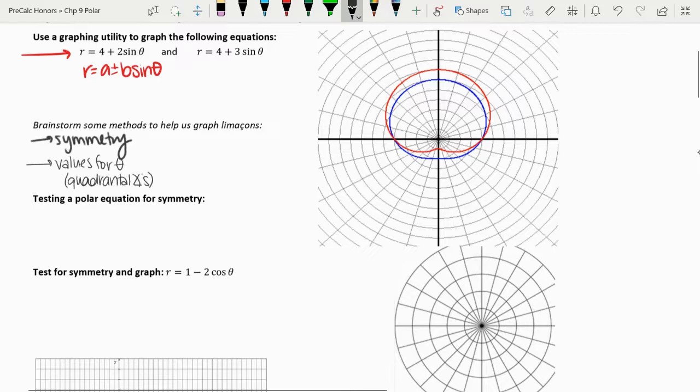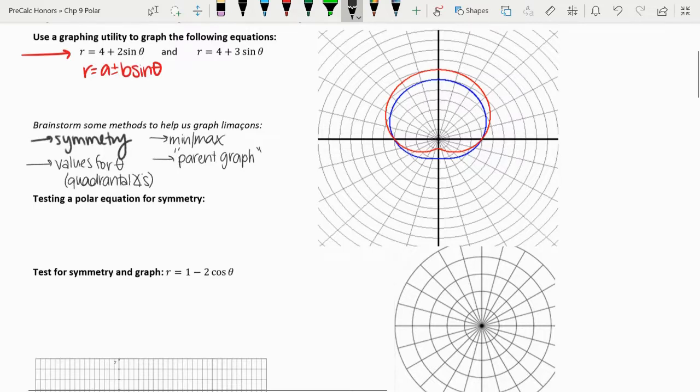And this will come right into play with maybe min and max values, since most sine and cosine graphs occur at those quadrantal angles unless, right, the period changes, which we might see. Definitely knowing just what the parent graph is, if it's a limacon, a rose, a circle, all these things that we're going to start to see. And hopefully you guys have more things on your list, but that's just a start for us.